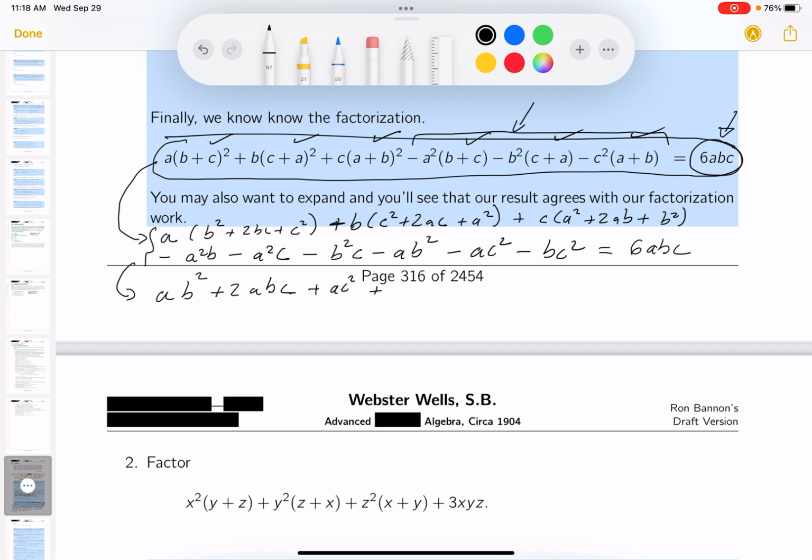Plus bc squared plus 2abc plus a squared b plus a squared c. It's even hard writing down. Plus 2abc. I like alphabetical order, by the way. Plus b squared c. And now I'm going to put this thing down below it, this minus thing, and I'll write it down for you carefully. And the first thing I'm seeing is minus a squared b.